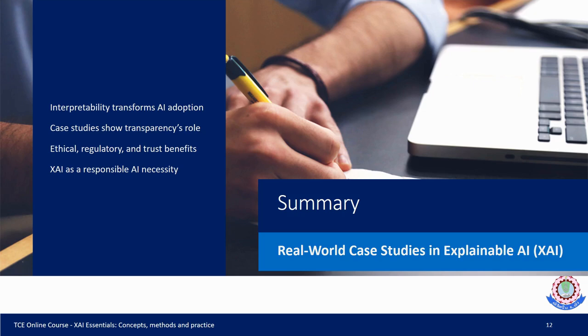Interpretability is not just technical, it's an ethical, legal, and practical necessity in real world AI deployments. The case studies we have discussed demonstrated how explainable AI improves trust, accountability, and impact. Am I right?